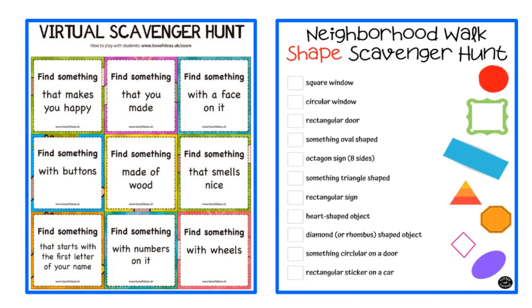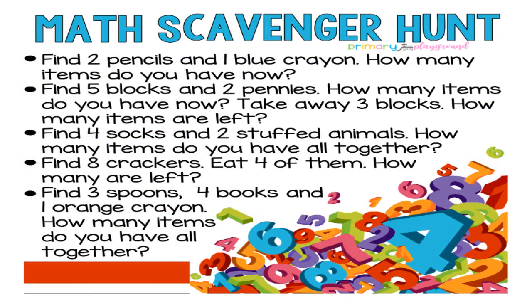A neighborhood walk shape scavenger hunt. If you're talking about shapes in math, this is a scavenger hunt that you can do, so all of your curriculum and your content can be a math scavenger hunt. This one says find 3 spoons, 4 books, and 1 orange crayon. I can hear it now.